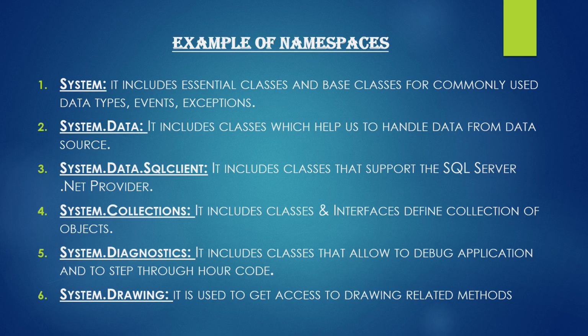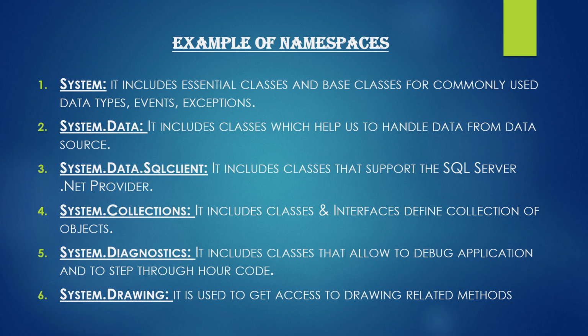These are the important namespaces which we often use at coding time. So the first one is System. It includes essential classes and base classes for commonly used data types, events and exceptions. The second one is System.Data. It includes classes which help us to handle data from data sources.